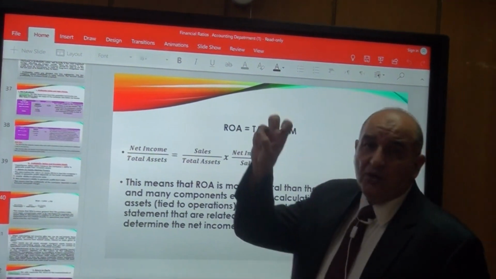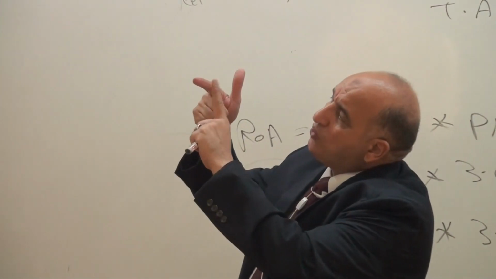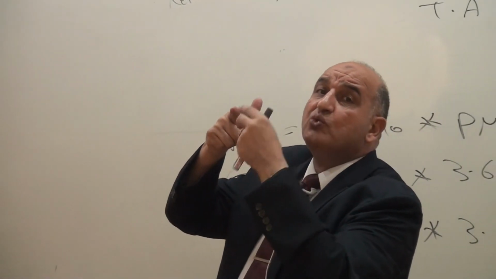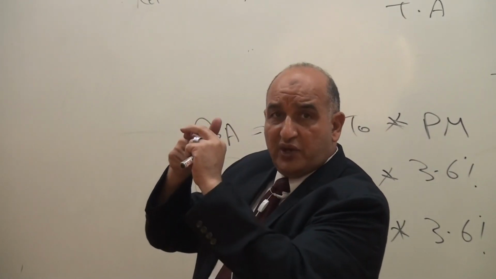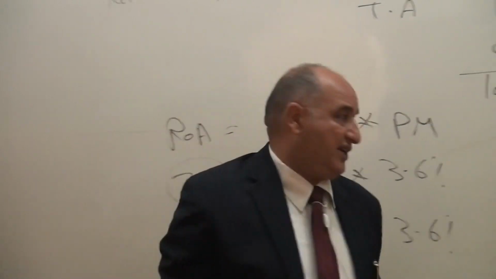So now we just calculated two ratios, profit margin and ROA, and we calculated ROA in two ways: the normal one, ROA, or by earning power, اللي هو القوة الإرادية.